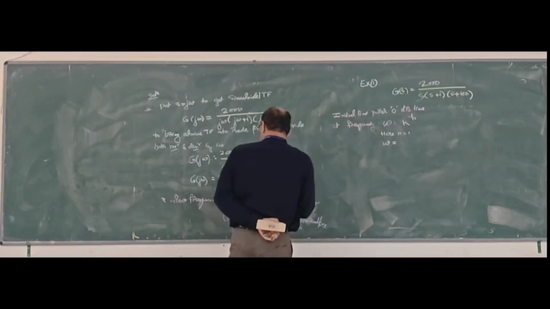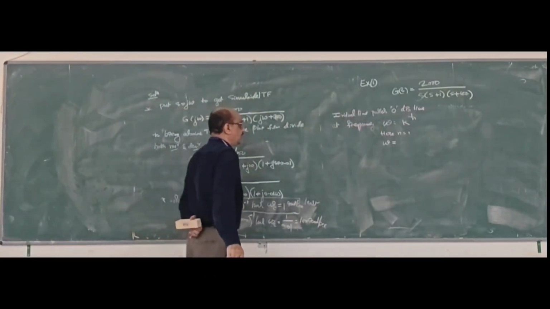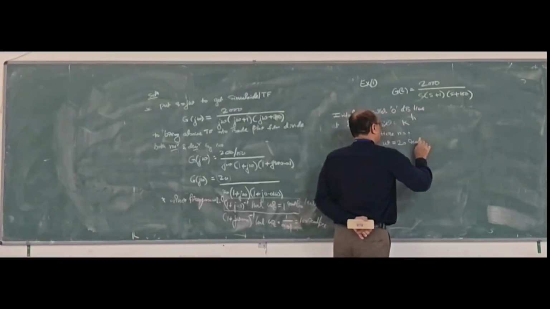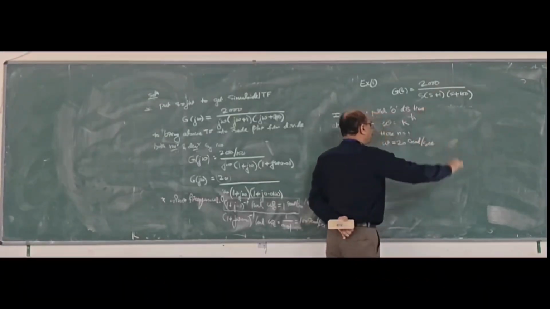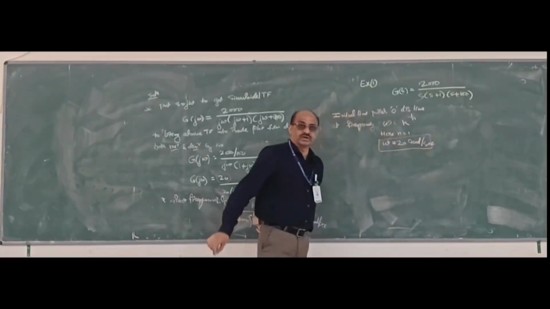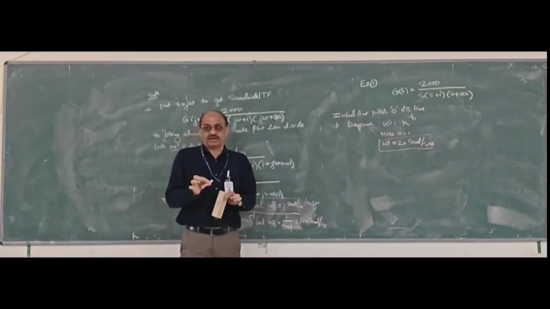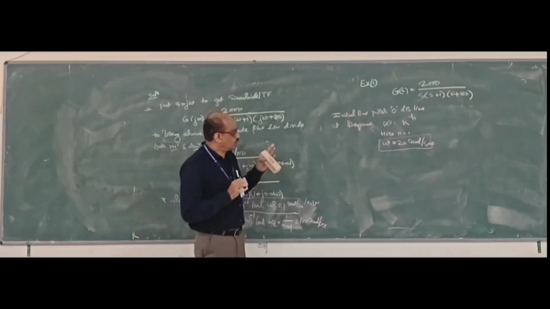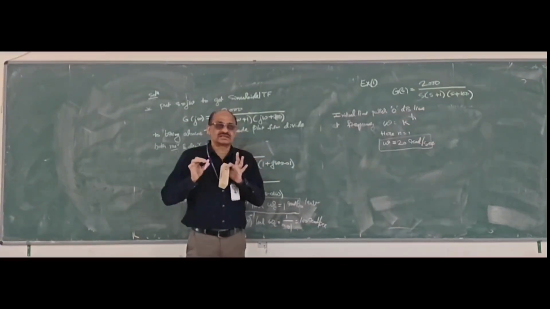What is k? K is this, 20 radians per second. So the initial line passes through the 0 dB line at 20 radians per second.